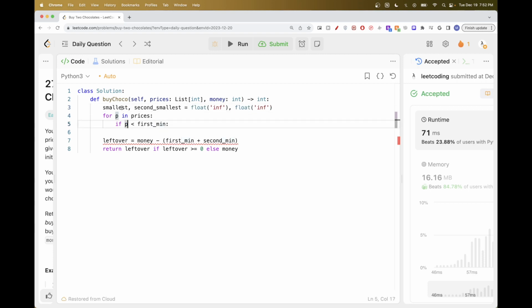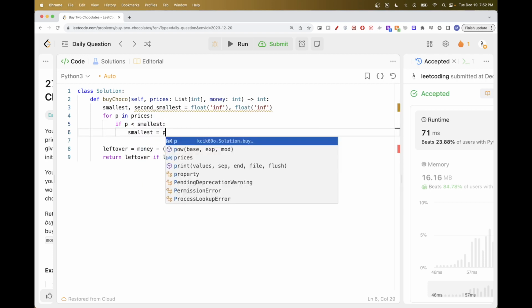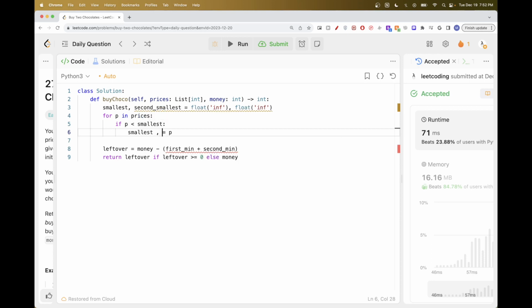Okay, and so if this is the smallest, then we can just assign p, make that be the value here. But the second smallest now becomes this one, right? Because this one is greater than this one. Now we find one that is smaller than this one, so this one becomes the smallest and this one becomes the second smallest, right? So the smallest will become p, but the second smallest will need to become smallest.